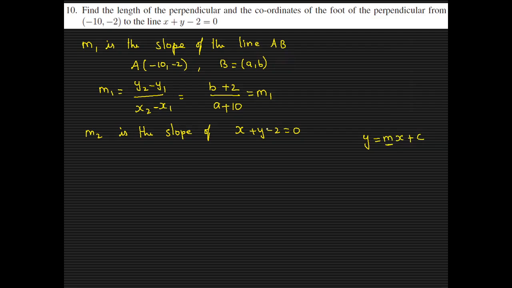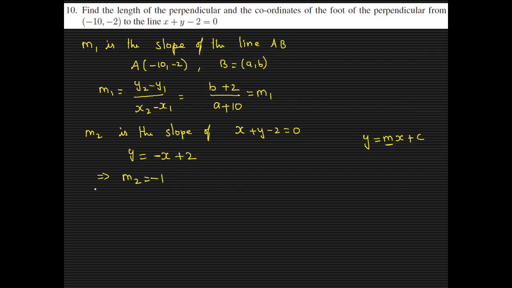So I want to bring this equation to this form. Therefore y = -x + 2. The coefficient of x is the slope, so m2 is equal to -1.